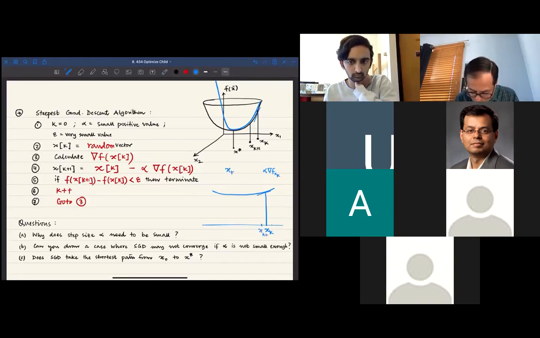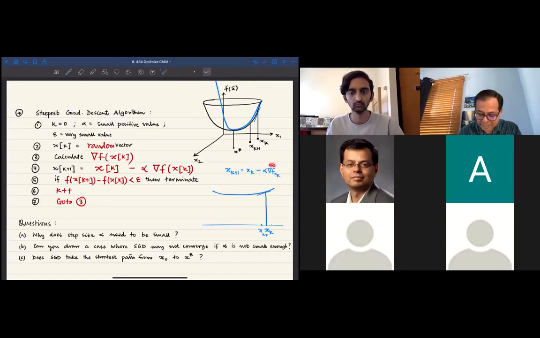Because remember, xk plus 1 equals xk minus alpha times the gradient of f at xk. This is very small once you get close to the minima, which means what you're taking away from xk is very small, which means xk plus 1 is very close to xk. So you move from xk a little bit to xk plus 1.